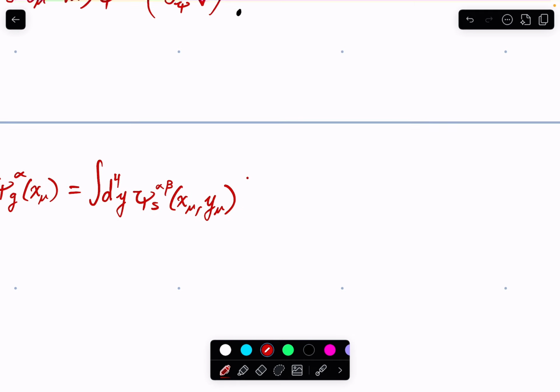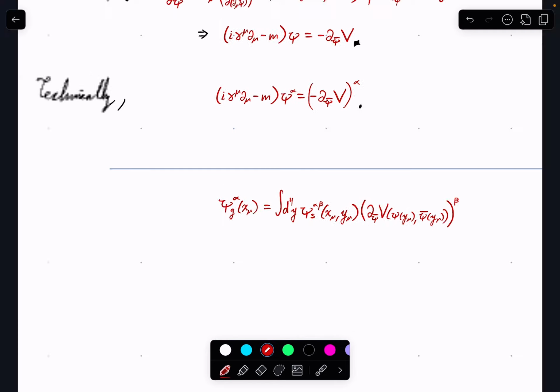And then the derivative of the interaction, and now the interaction here relies on these fields, which rely on the position y. And this will be some component beta.